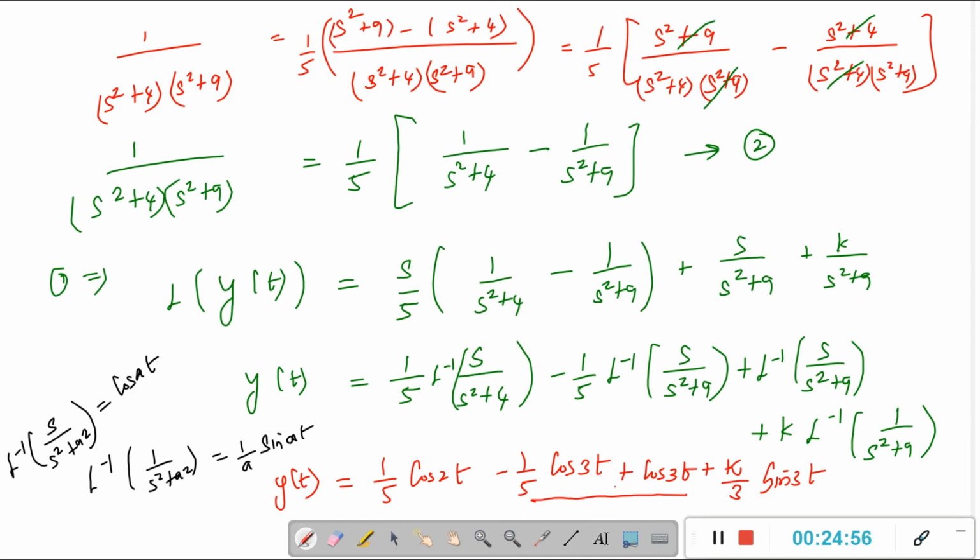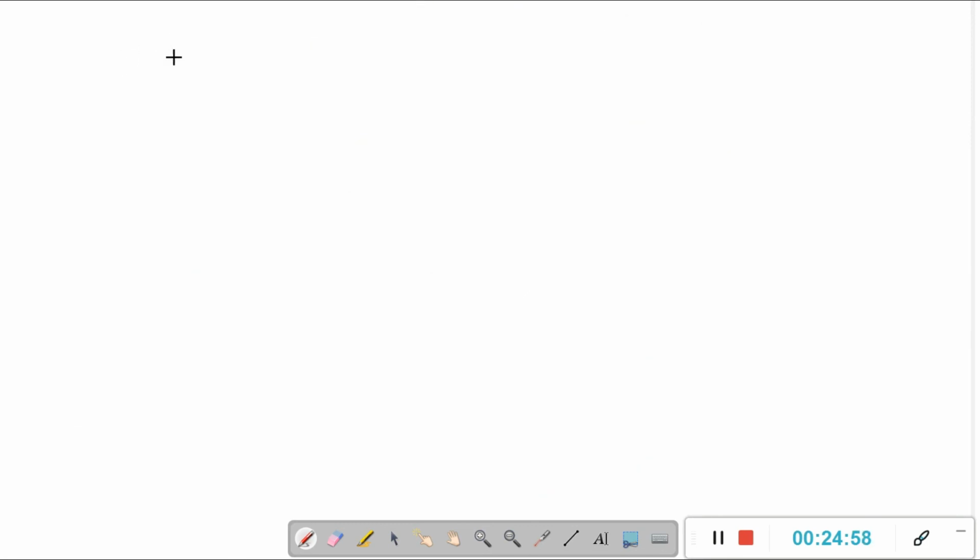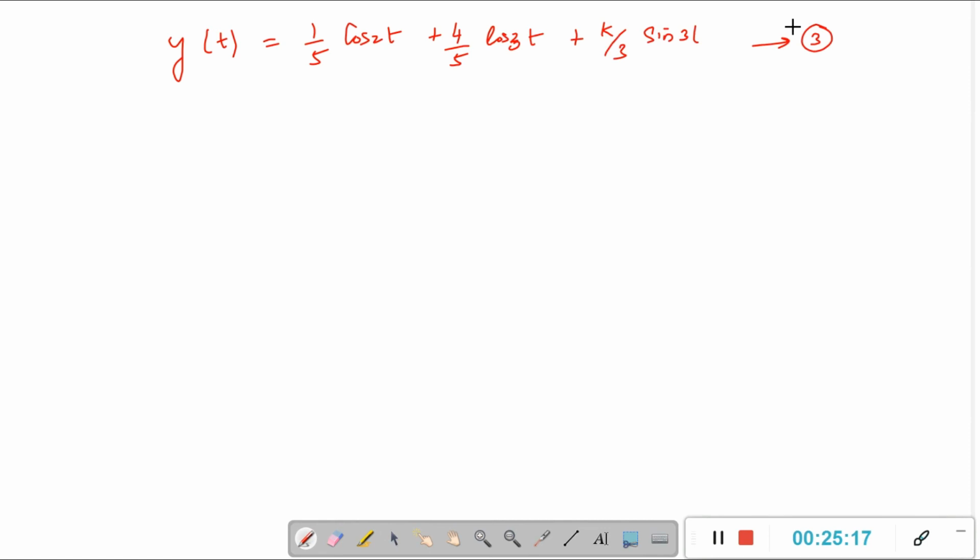From that you will get y of t equal to 1 by 5 cos 2t plus 4 by 5 cos 3t plus k by 3 sin 3t. So this is equation 3.